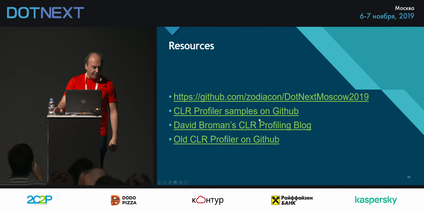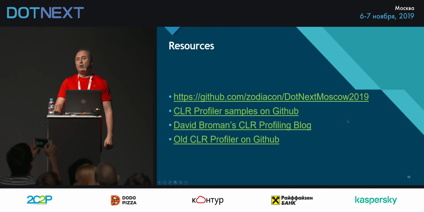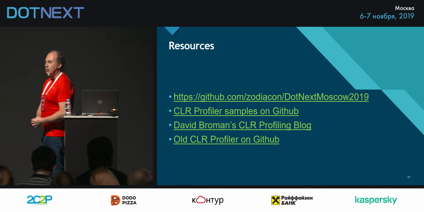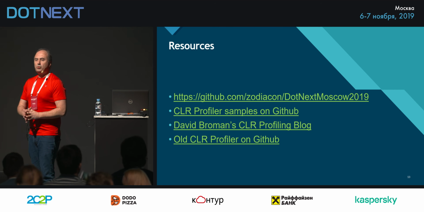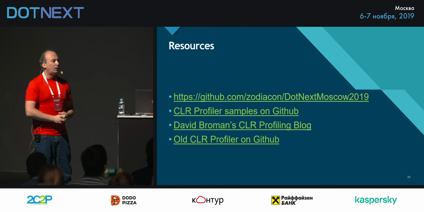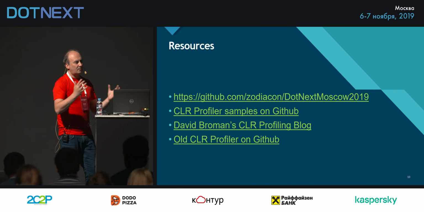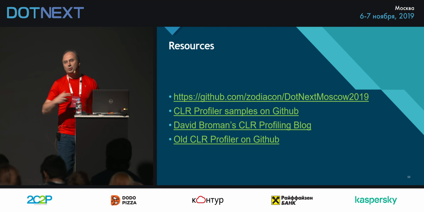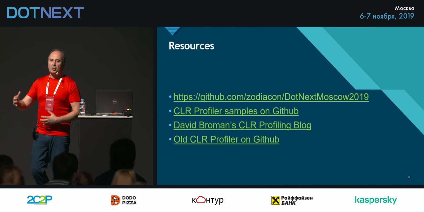There's the blog from David Broman, who used to work on the profiling API at Microsoft. He stopped blogging and moved to other stuff in 2013, but his blog is probably the best there is, discussing all the intricacies of re-jitting or jitting and how to load and how to get information, all that stuff.